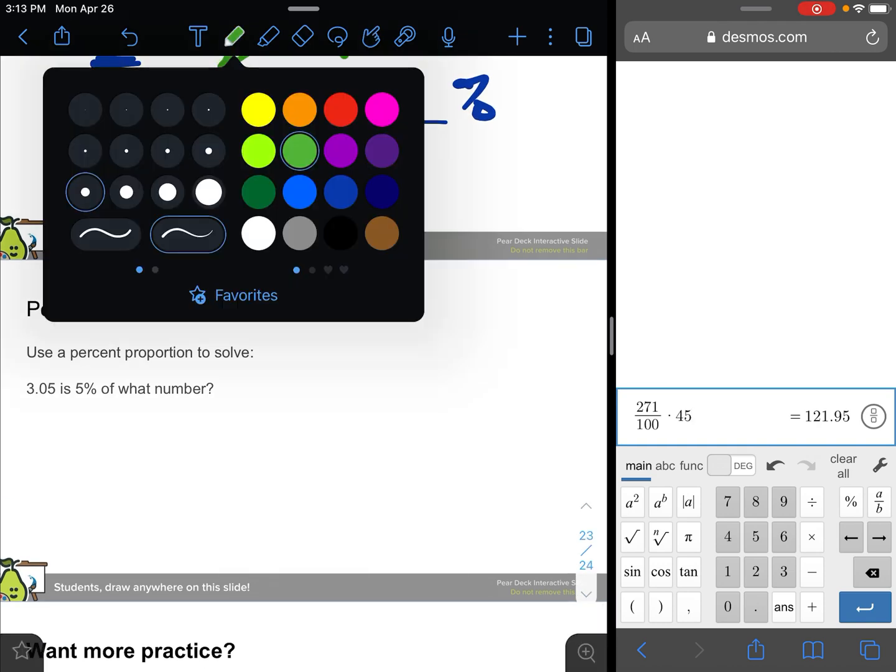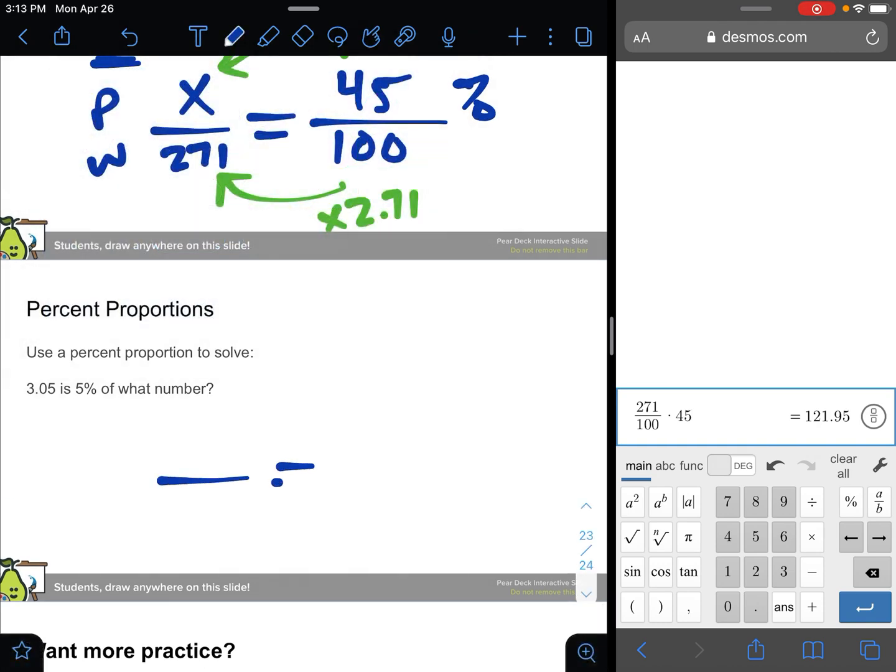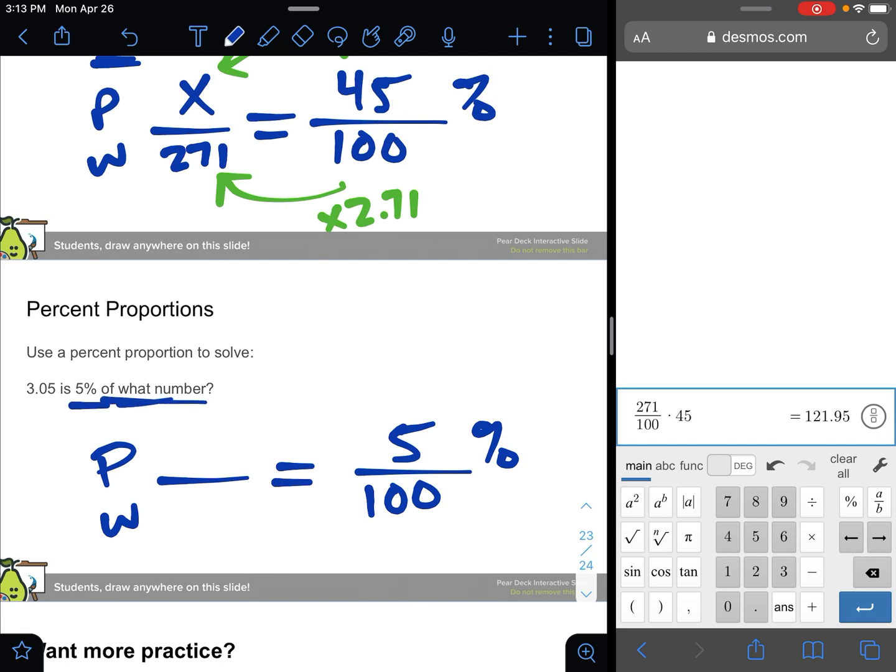Okay, one more example here we're going to work on. Start the same way: percent proportion, part over whole, percent out of 100. We have a percent this time. 5% of what? We don't know the whole thing. Is is going to be our part, 3.05. Let's find a scale factor and get to x. I'm going to go the same direction, pointing towards x here, and see what our scale factor looks like.